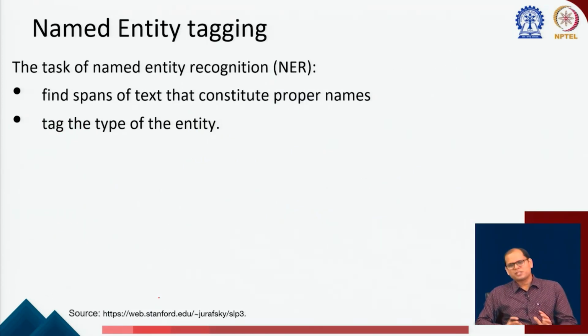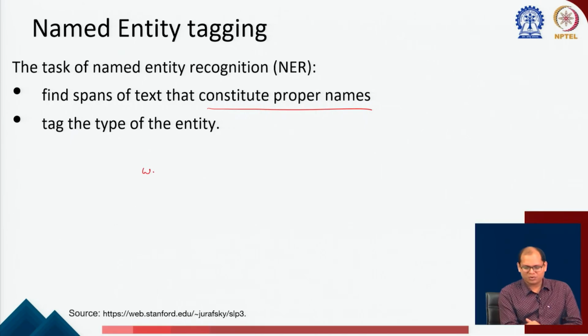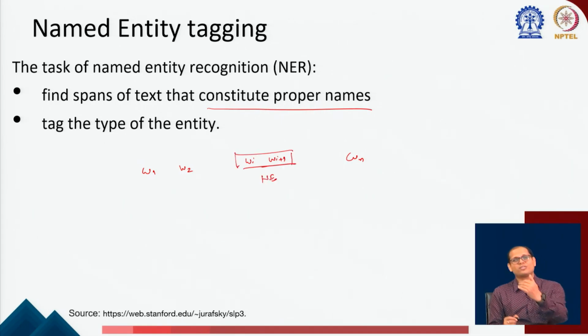So what is the task? First of all, you will just be given a sequence of words. You have to find the spans in the sequence that constitute proper names. Okay, and there will be more than one span, right? So you are given a sequence of words W1, W2 to Wn. It may happen that Wi, Wi plus 1 is a named entity, and it will also have a particular tag.